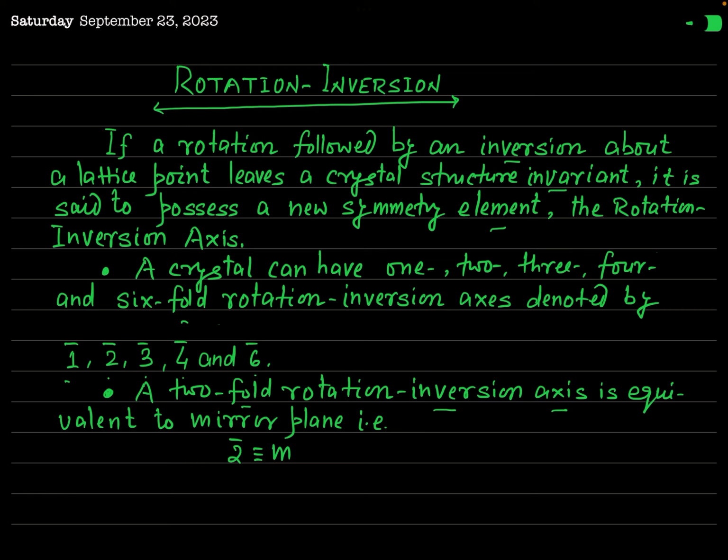So, we symbolically can write that 2 bar is equivalent to M. Here 2 bar means two-fold rotation inversion symmetry, and M means a reflection plane. Okay. So as this fact says, a two-fold rotation inversion axis is equivalent to a mirror plane. So symbolically we write that 2 bar is equal to M.